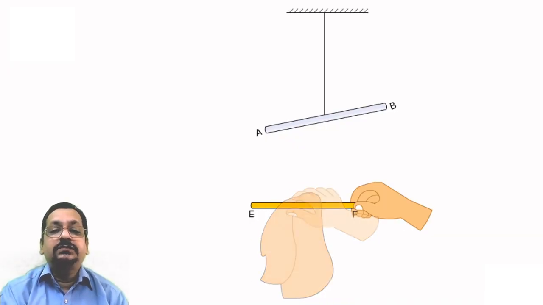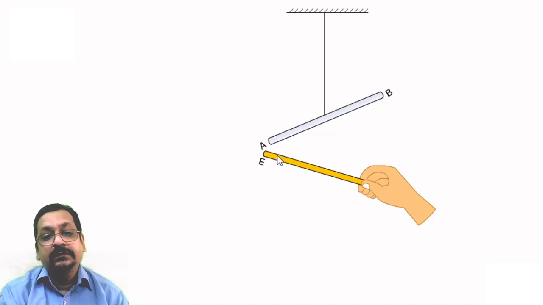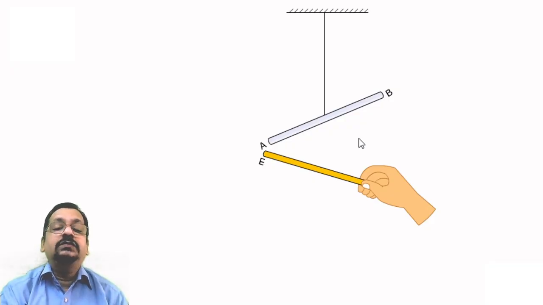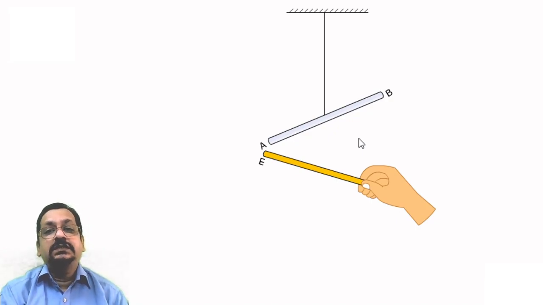So again it becomes charged, and now we are bringing it closer. Now what have you observed? You have observed that end A of rod AB is getting attracted towards this plastic rod. So this time there is attraction. Previously we have seen there was repulsion and now there is attraction. So in one case there is repulsion and in the other case there is attraction.